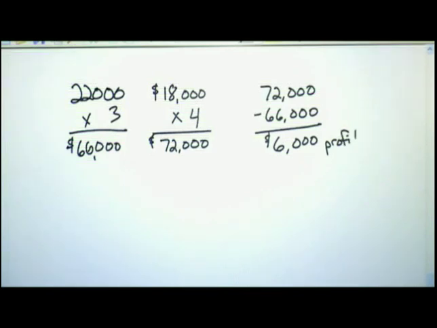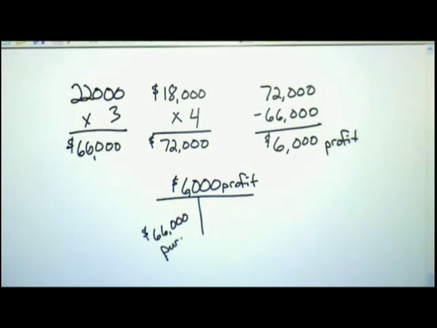However, the question isn't asking what the profit was, it's trying to figure out what the percentage of gross profit is. So if I take my $6,000 in profit, and if I divide it by my purchase price of $66,000, I get an approximate percentage of gross profit of 0.09 or 9%.